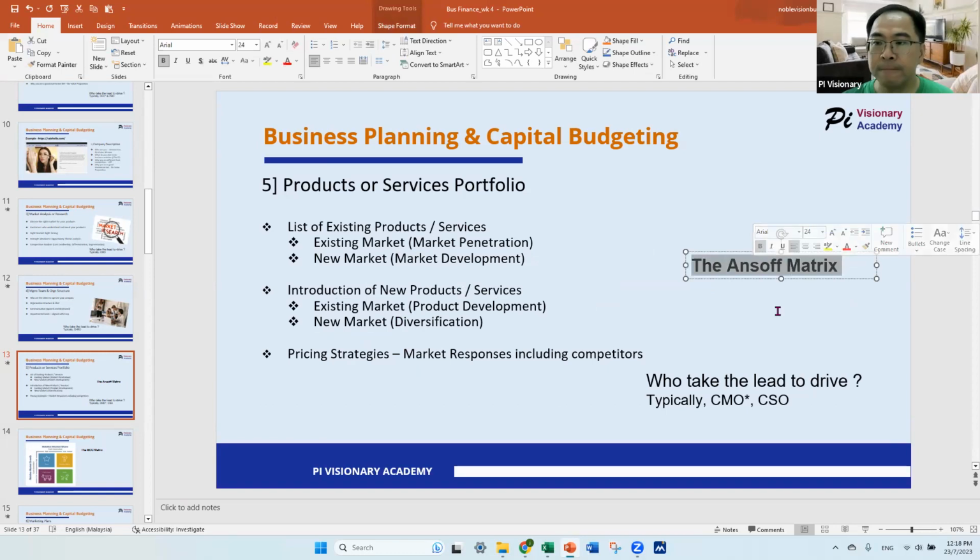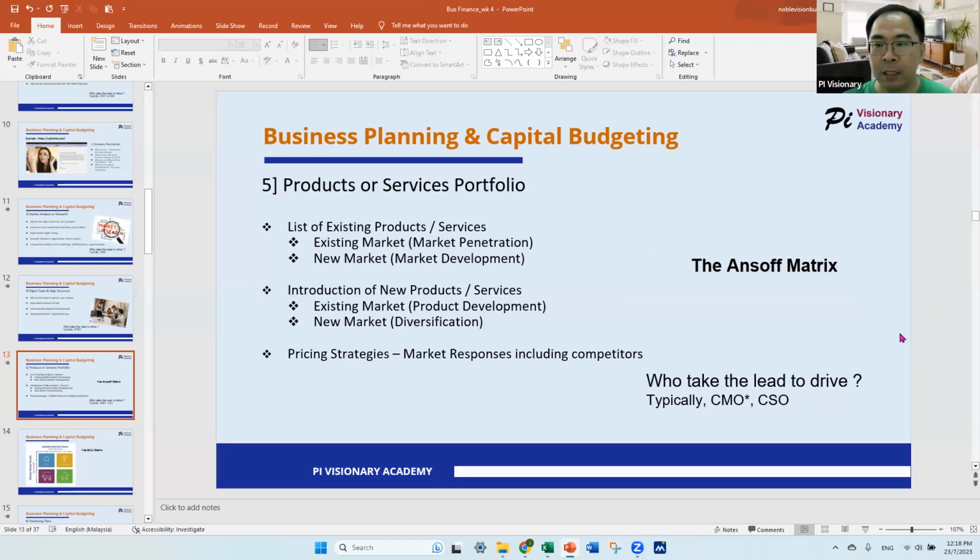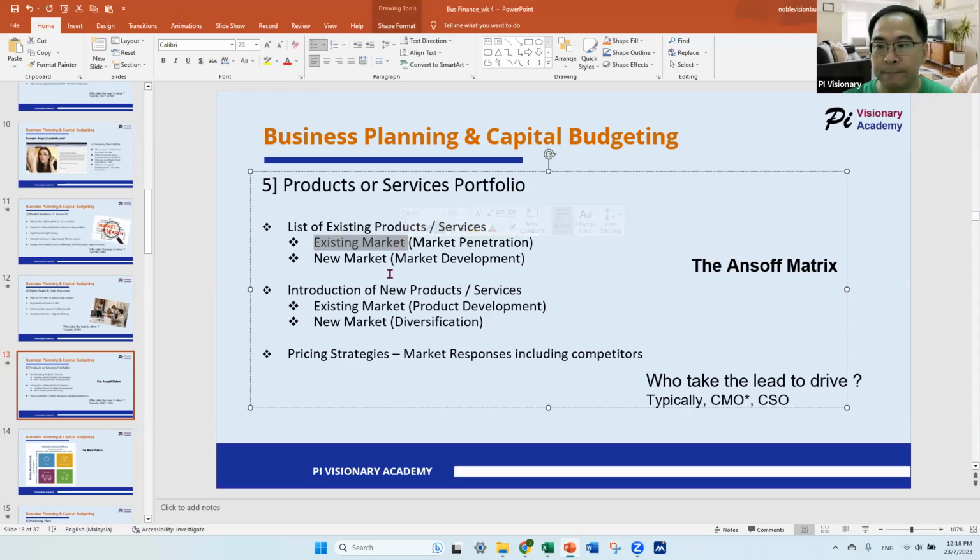This is especially useful for the salesman, because it shows how to capture more sales from the market, either from an existing product or a new product, either from the existing market or a new market.